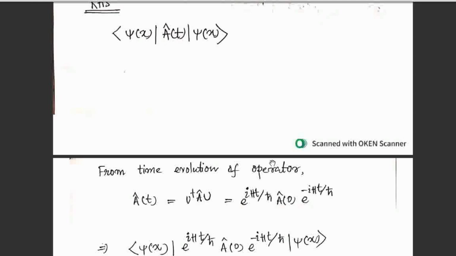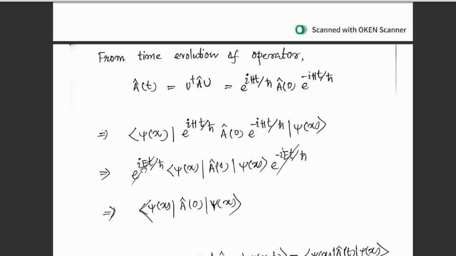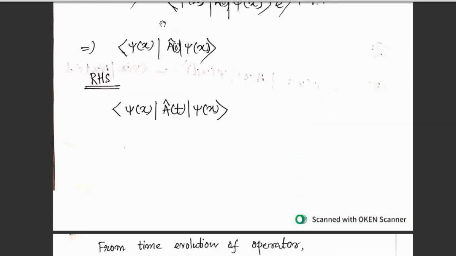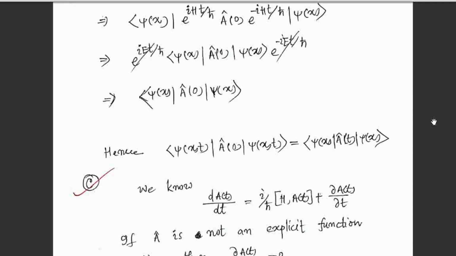When you calculate, the unitary operator operates on the state and gives E and E. These are scalars, and on both sides they cancel out, and you get the same term. That's why this is going to be equal. But option B states that this is not equal, while we are getting that this is equal to this. That means option B is incorrect.